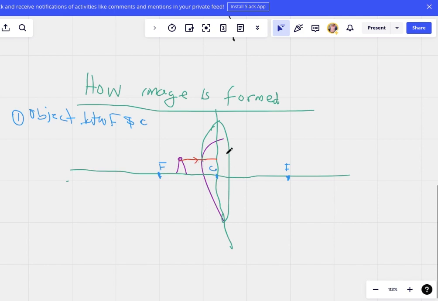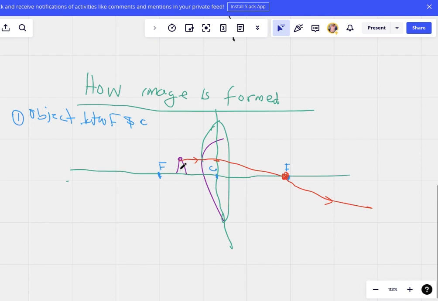So when it hits here, it is refracted to pass through the optical center. Don't mind my ray being bent, just for you to understand.